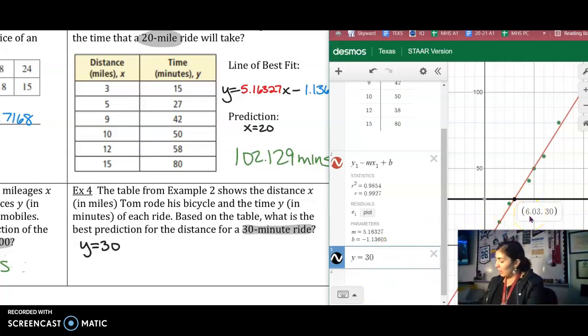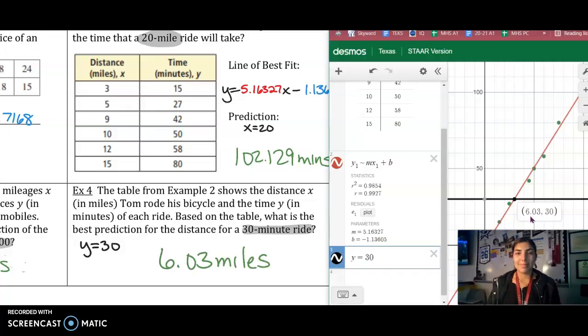So we think if we're riding this bicycle for 30 minutes, we've probably gone 6.03 miles. So again, we can use the lines of best fit, the squiggly line version of equation number 9, to predict the future. This is the end of video number 2.